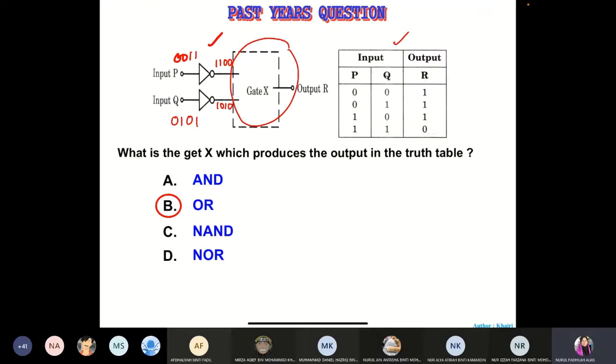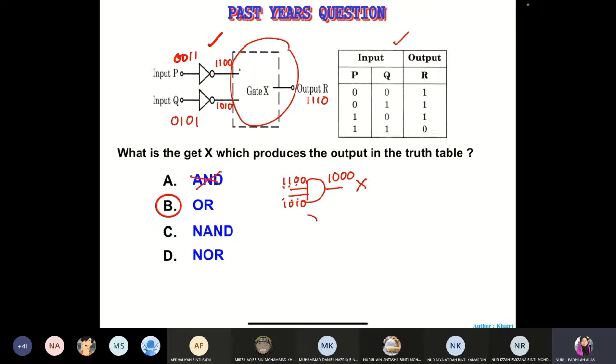Now, the output says 1, 1, 1, 0. So now, if we have AND here, we have 1100, 0101. What, I got it reversed? So what do we get? If we have AND, 111, 100, 010, 000. So it's not AND. So this is not the answer.